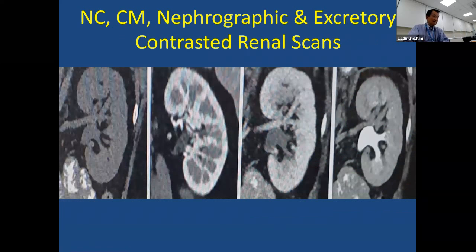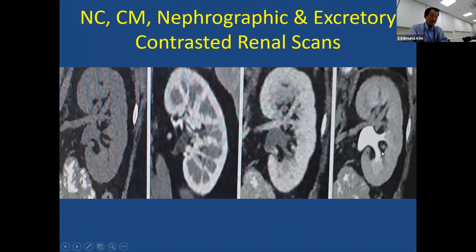And in CT, using serial dynamic images, we can demonstrate the nephrographic phase and excretory phase. And you can see the cortical medullary junction, and you can evaluate all the anatomy in detail, and also excretory function.